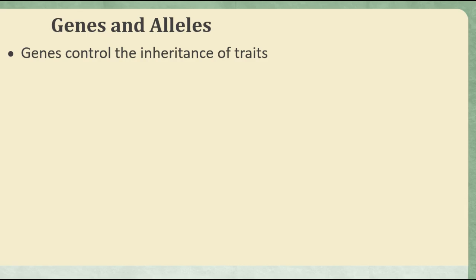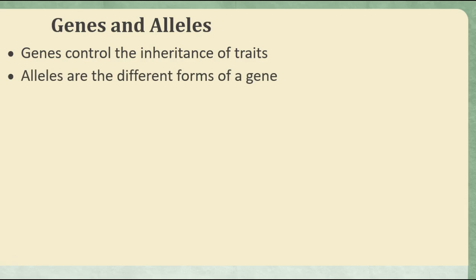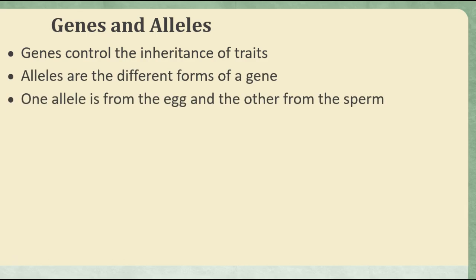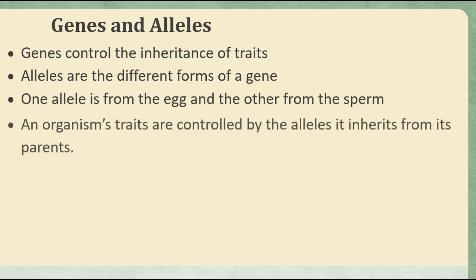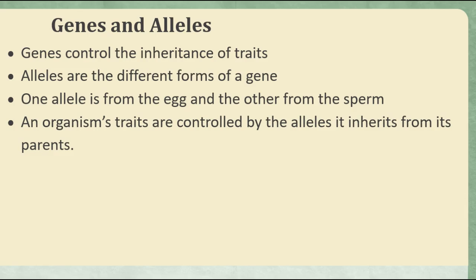Now we need to talk about another concept, which is genes and alleles. Genes control the inheritance of traits, and alleles are the different forms of a gene. One allele is from the egg, and the other is from the sperm. And an organism's traits are controlled by the alleles it inherits from its parents.